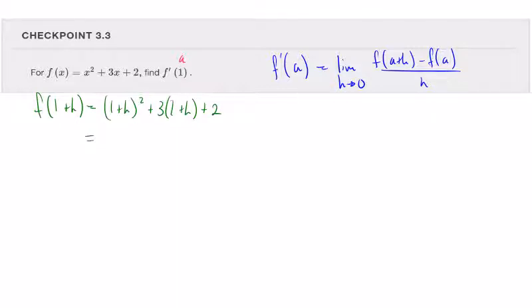And so if I square 1 plus h, that's going to be 1 plus h multiplied by itself. And so that ends up being 1 plus 2h plus h squared. If I distribute here, I'm going to get 3 plus 3h. Then I'll just tack on that 2.